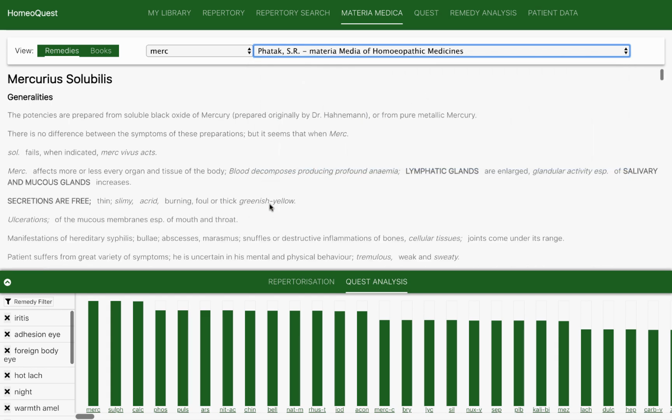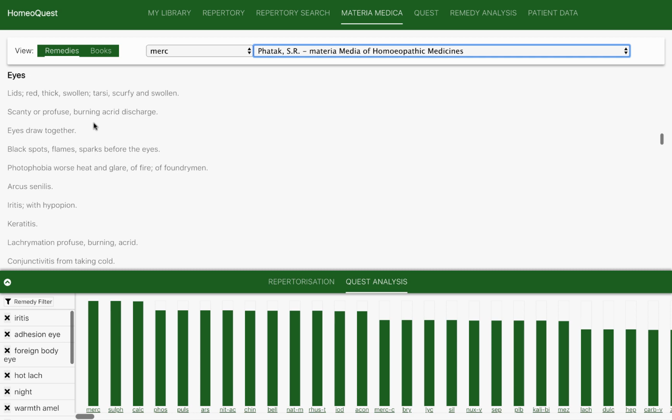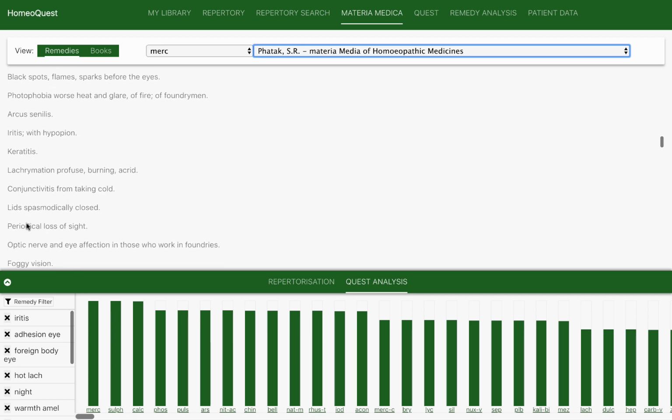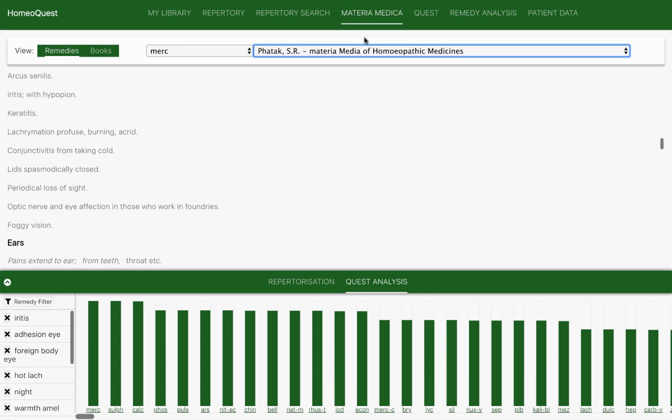Let's look at Farrington and the eye symptoms. Lids are red, thick, and swollen. Eyes are drawn together. Photophobia. Iritis with hypopyon. Look at that. Keratitis. Lacrimation, profuse, burning, acrid. Foggy vision. So there you go. Lots of confirmations, and it's no wonder Merc really helped.